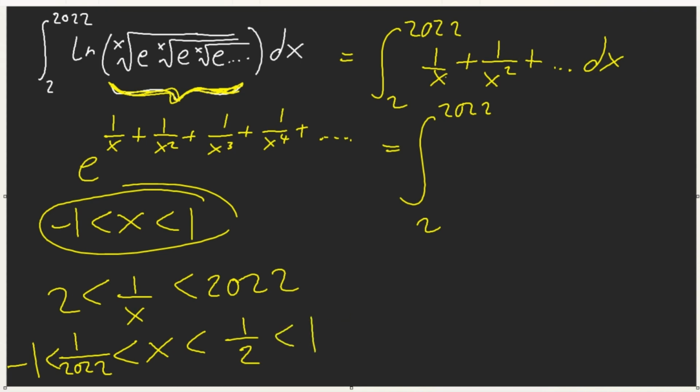So here, we can absolutely use geometric series with the bounds from 2 to 2022. And of course with geometric series, we get 1 over x over 1 minus 1 over x, which also equals 1 over x minus 1 dx. Okay, which is what we have before.